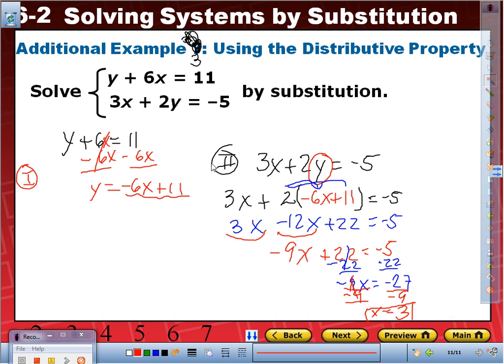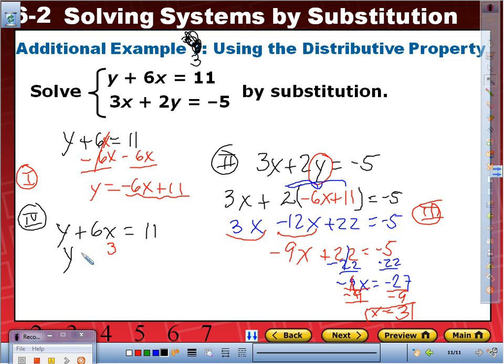So that was step 3, once we solve for the variable. So now step 4. For step 4, we need to substitute this value into one of the equations. Which is the easiest one to substitute into? Very good, the first one. We write y plus 6x equals 11. But instead of x, what do we write? 3.